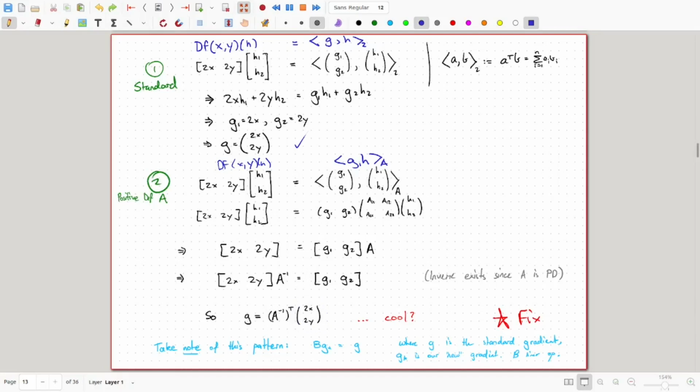So in order to calculate the gradient, we need to invert this matrix A and take its transpose, and then we multiply it by this. So, cool. What does that matter? Sure, we have this new definition for a gradient, but how on earth is this useful? And we'll see on the next slide a very famous example where this is super powerful.